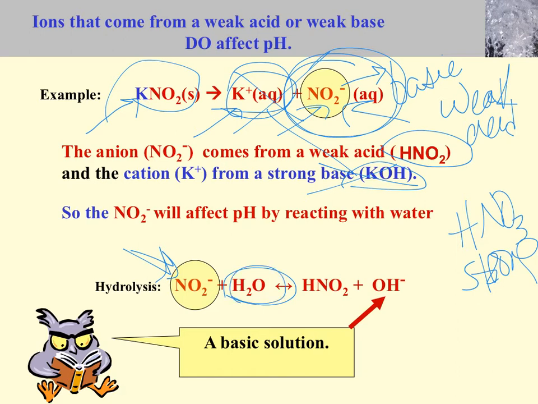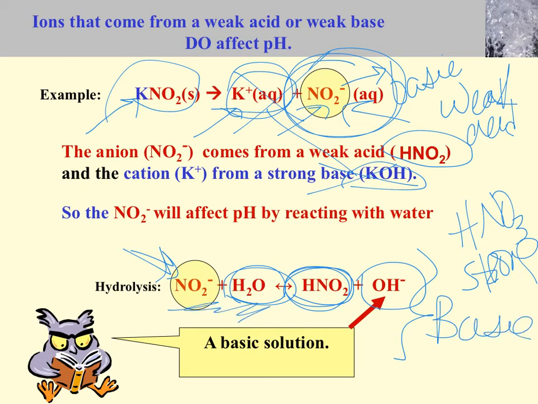What are the products when it does that? The original intact acid, but it has also produced some free hydroxide, which means this overall solution will be basic. Now, this is not going to happen a lot, but it clearly is capable of happening.